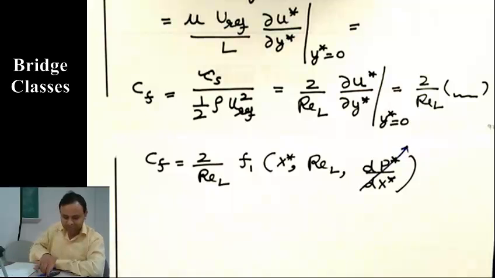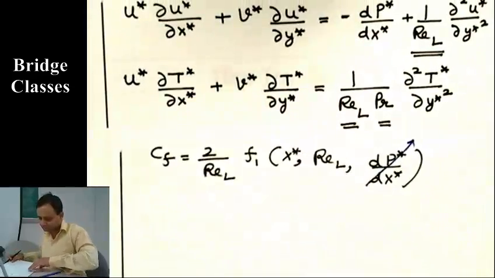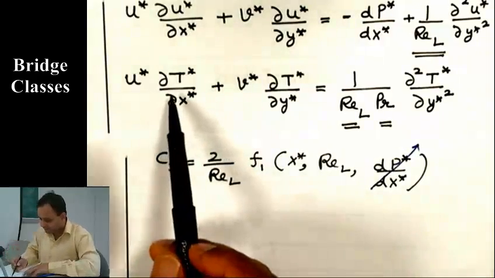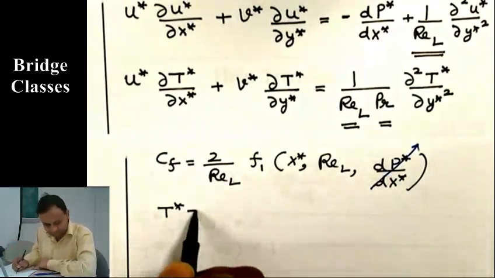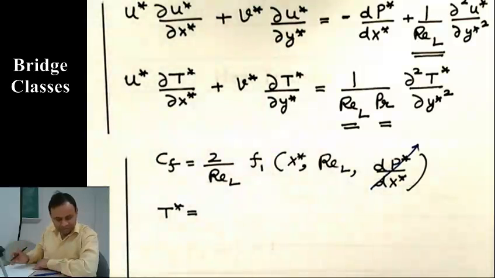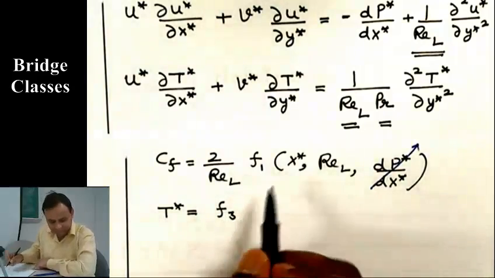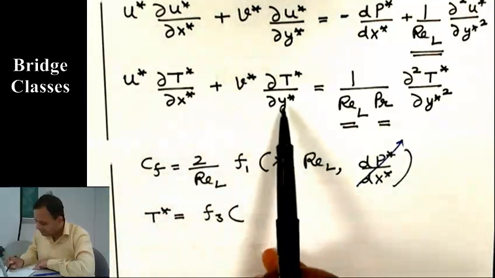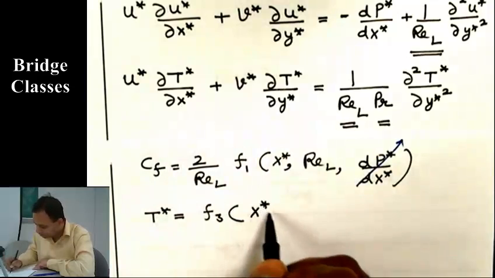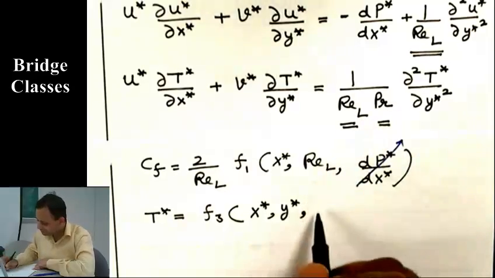Now similarly, if you look at the energy equation, this is the energy equation that gives us T star. Based on this equation, you can write T star is some function, let us call this f3, of x star, y star, and you have Reynolds number in this.